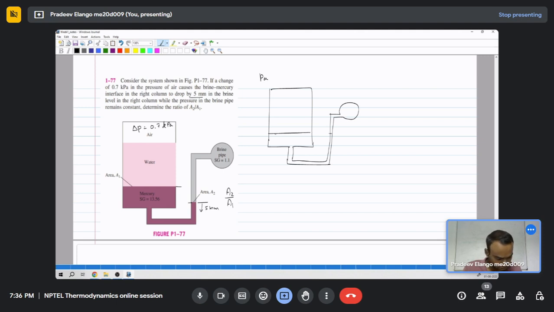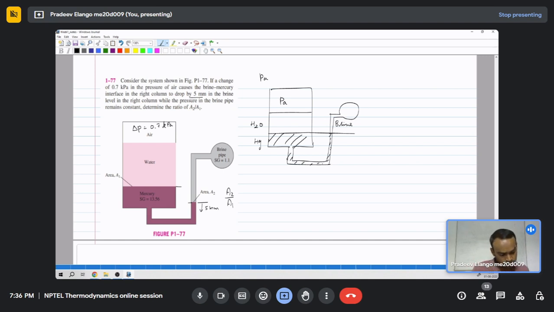Initially both are at the same level. And this is mercury, and then we have some water column, and then we have PA, and on the right side we have brine.